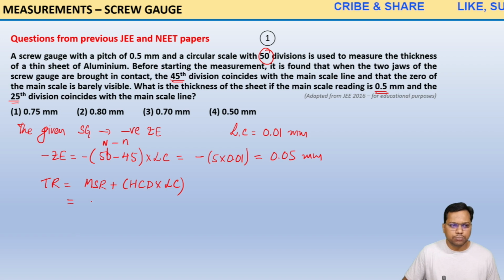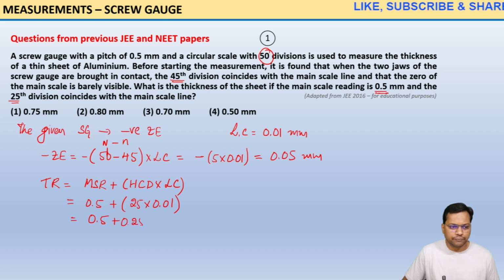So MSR is 0.5. Next one, HCD into LC. So here HCD is 25 into LC, that is 0.01. Therefore 0.5 plus 0.25, so that is equal to 0.75 millimeter.